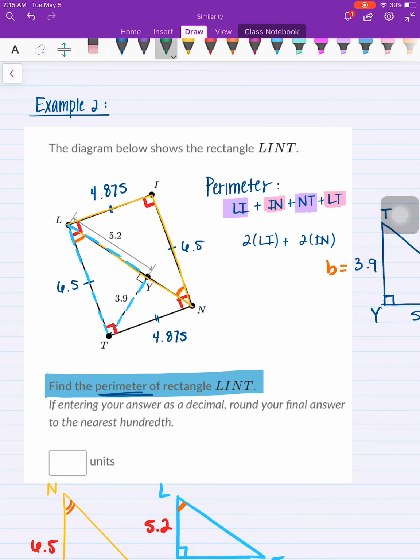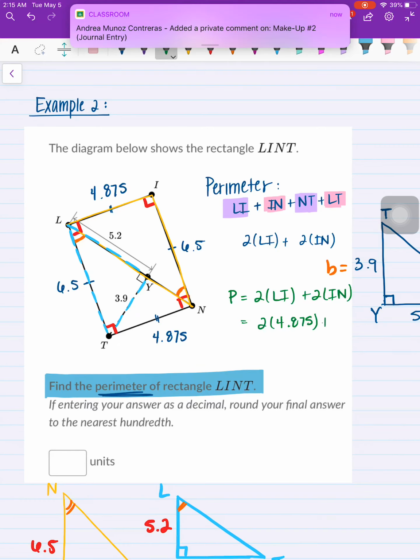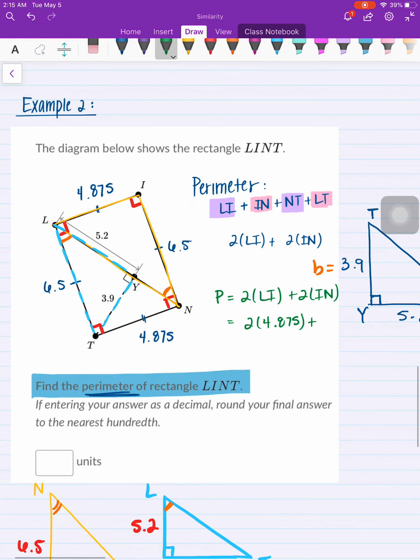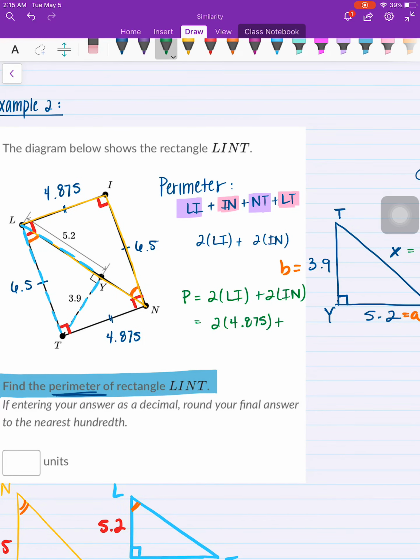So we have P for perimeter equals 2 times L I plus 2 times IN. So then LI, we found it to be 4.875, and then IN, we found it to be 6.5.